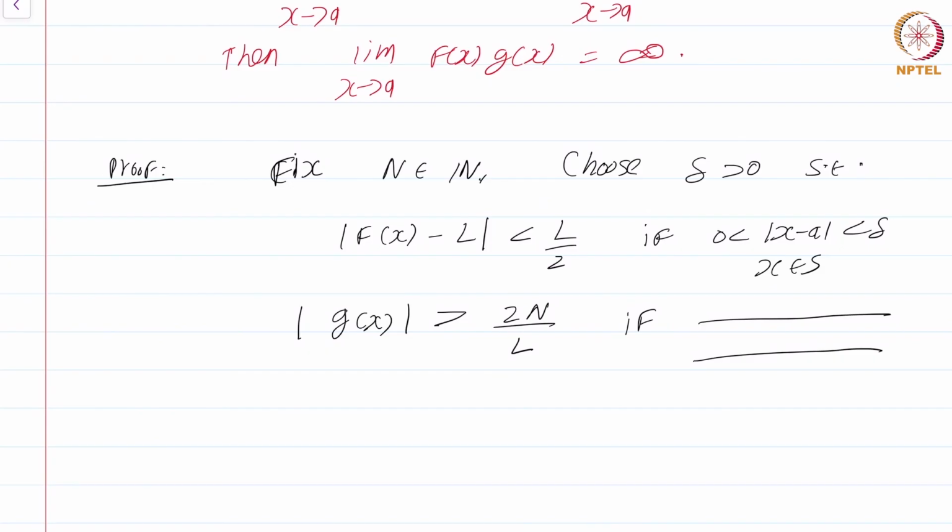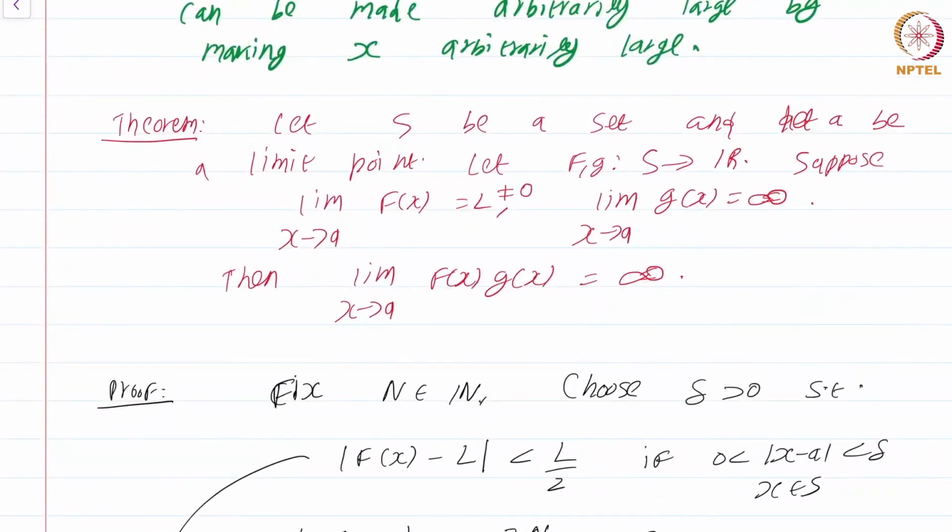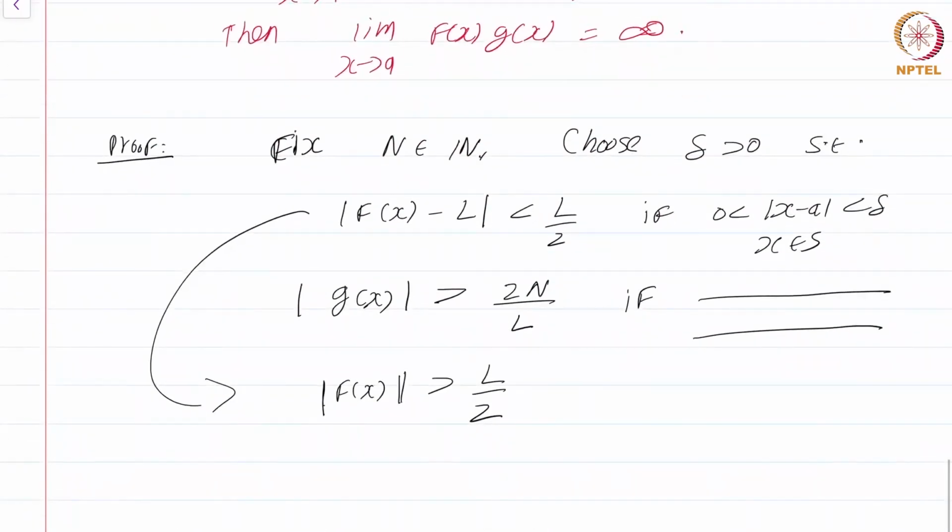Okay. Now, the first condition immediately gives that mod f of x is greater than L by 2. Fine. So again, L not equal to 0, and L greater than 0. That's a better condition. That is required. Okay. Excellent. We have both these.